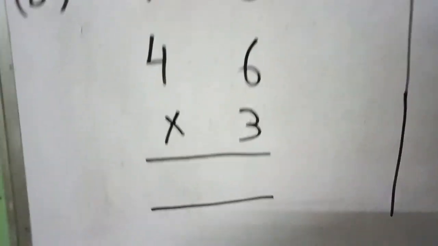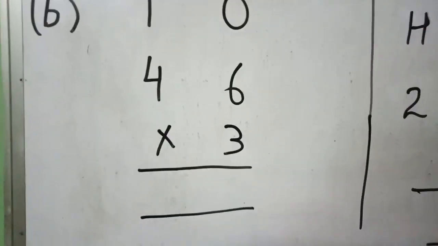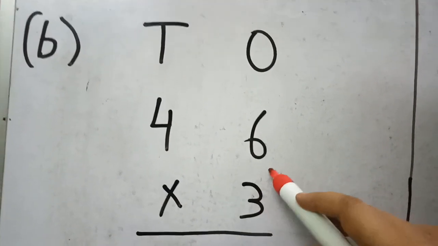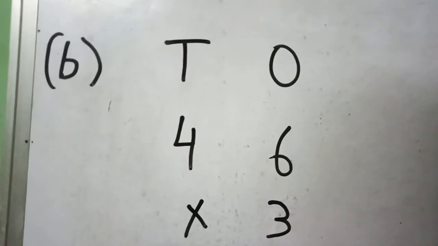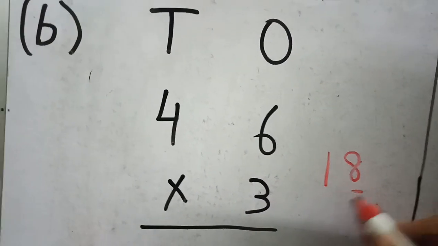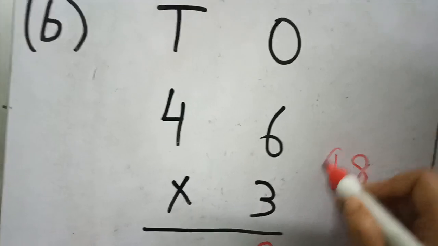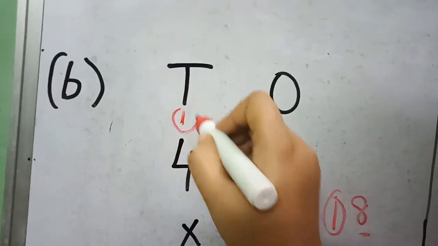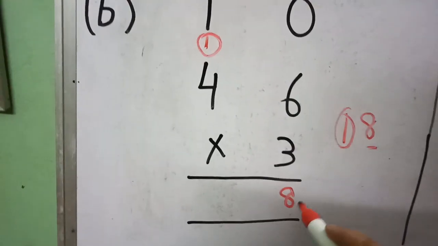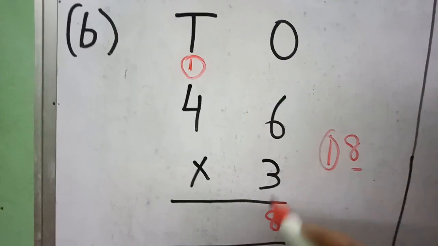Another example for you, beta. See, again we start from ones, right? 3 6s are 18. We will take 8 here and 1 as carry. In the first step we always solve the ones.